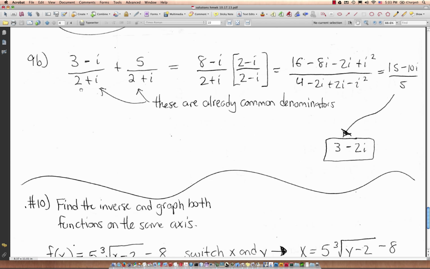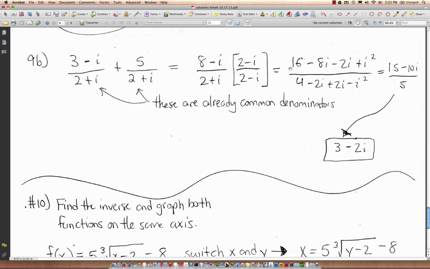Simplify. Notice the denominators are exactly the same. That means you have common denominators. So you can just add the numerators now. So now you get 8 minus i over 2 plus i. Now we can't have a complex number in the denominator. So we multiply top and bottom by the conjugate of 2 plus i, which is 2 minus i. FOIL out the top and the bottom.